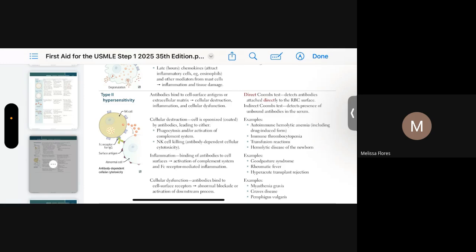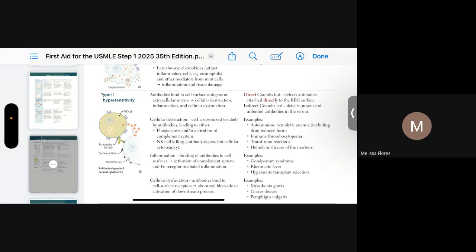Whenever your antibody is calling your complement system, that was the classical pathway, where IgG and IgM activate the complement system. That's an example of type 2. Whenever the antibodies are sitting against the antigen, it can be anything inside our body. It can be receptors sometimes. So that's a type 2 hypersensitivity, okay?